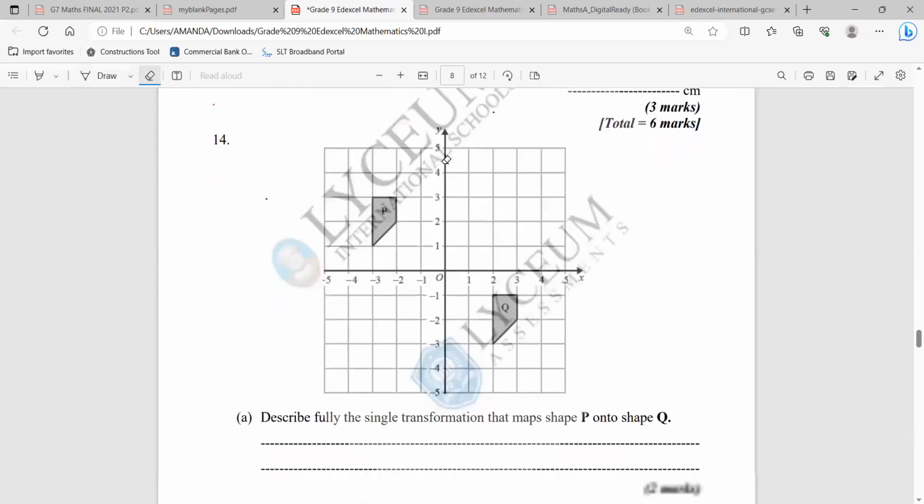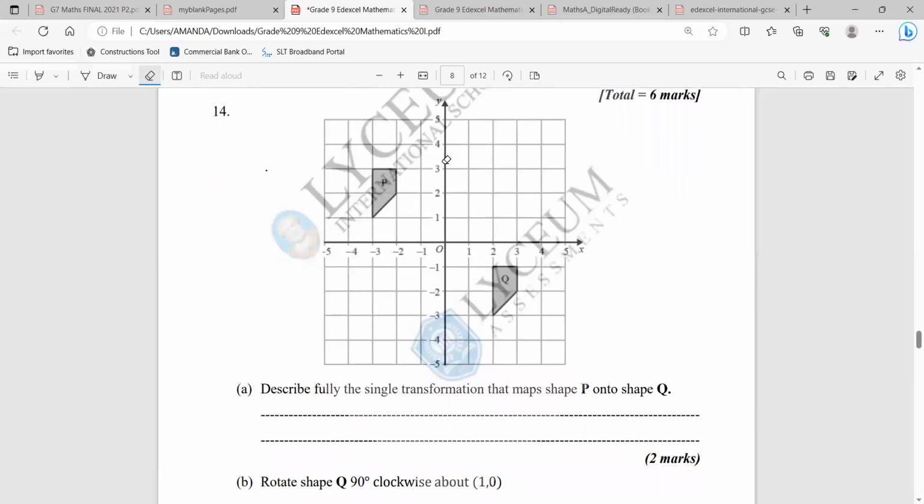Now it's question number 14. What does it say? Describe fully the single transformation that maps P into shape Q. So P has come to Q. What was the transformation?